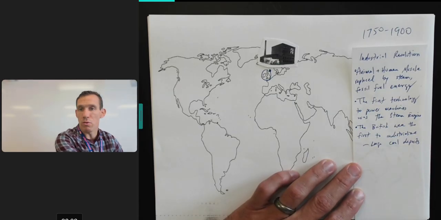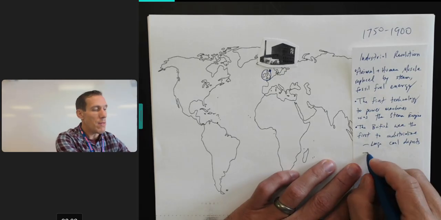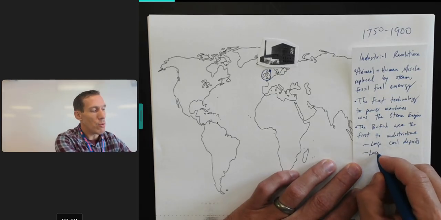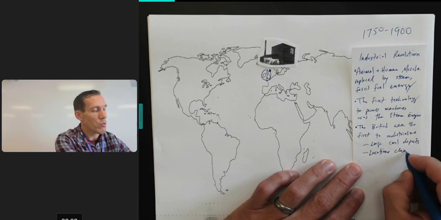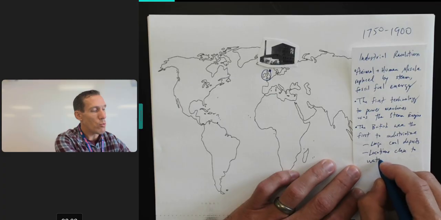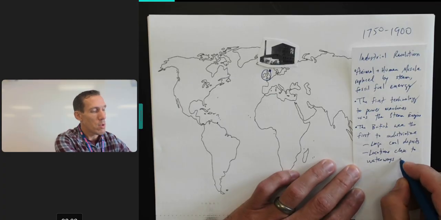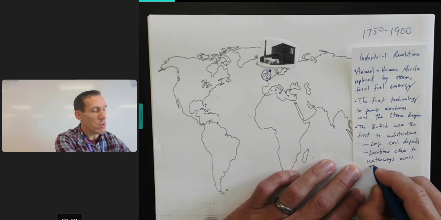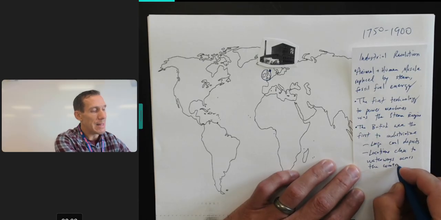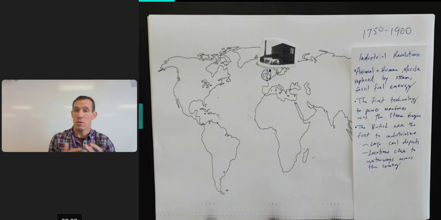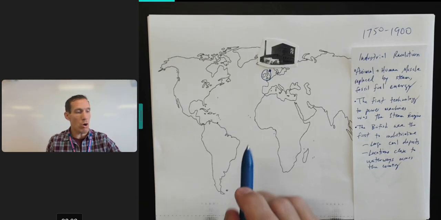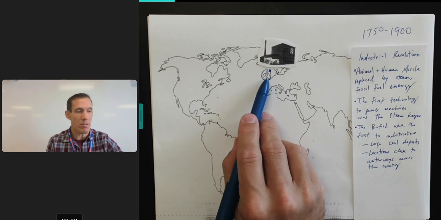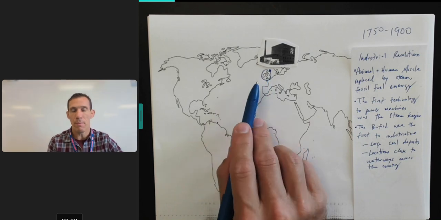Coal is used as fuel. And then they also have locations close to waterways across the country. There are lots of rivers and streams, and they built and were building canals that would link all of this area on this island, which is actually not that big of a place.